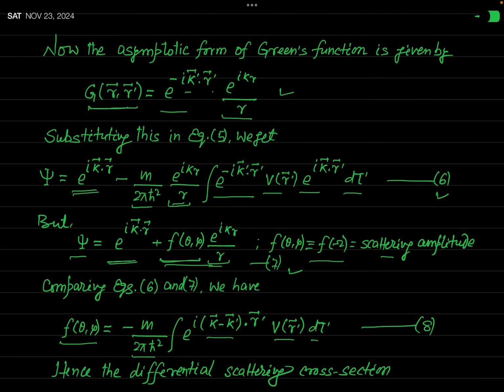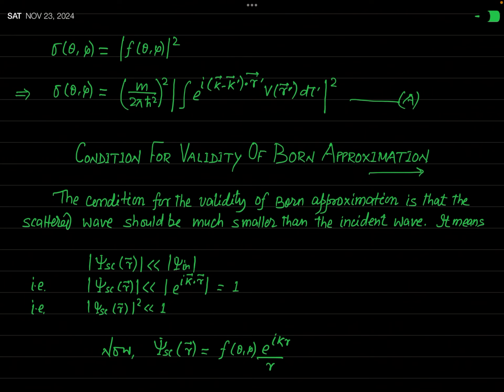But you know that the square of the modulus of this scattering amplitude is called the differential scattering cross section. So what will be the differential scattering cross section? Sigma of theta phi will be the square of the modulus of f of theta phi.